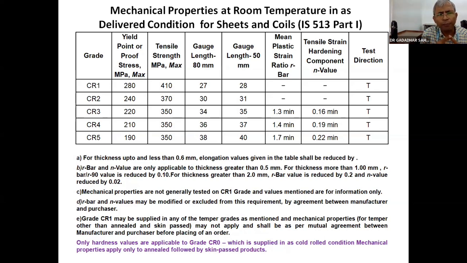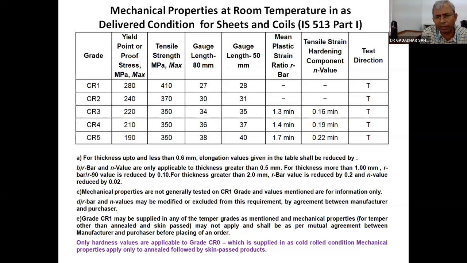You need to test the tensile test result along the longitudinal direction, along the transverse direction, and along the 45-degree angle. After doing that, you calculate the R bar value from the tensile test results, putting them into the formula, and you will find the R value.